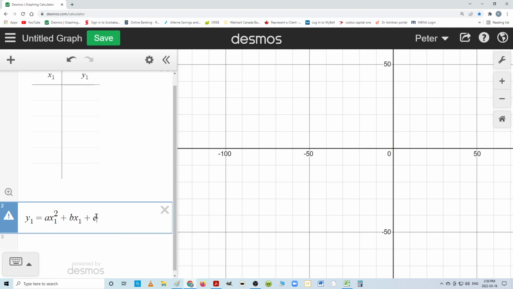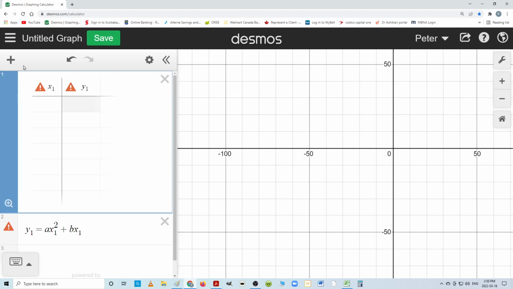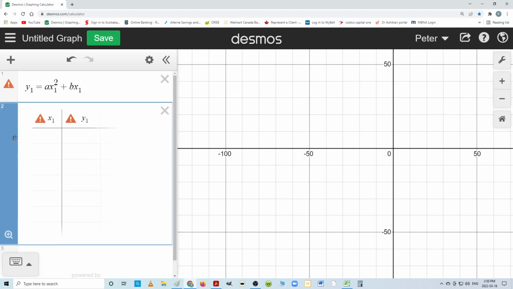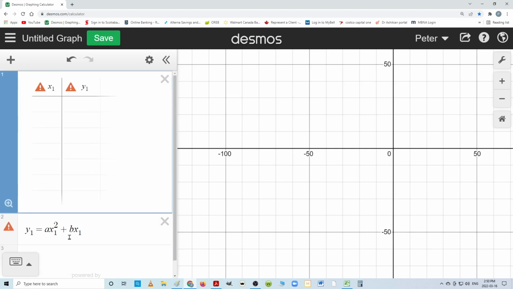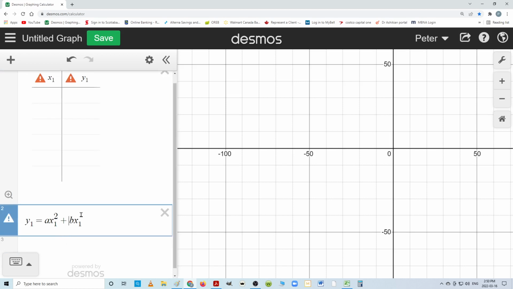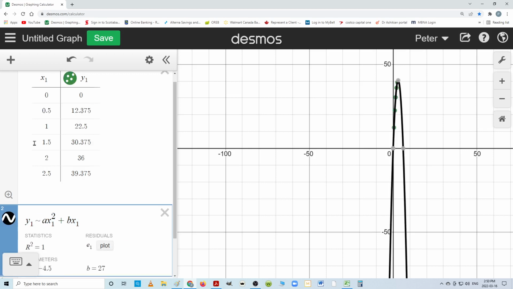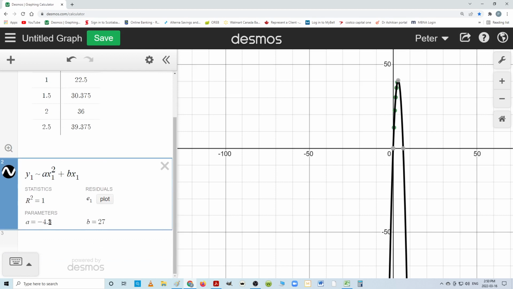And by the way, we can see from the 0 values up above that there is no c because at 0, 0 goes through. So let's see, will it? Oh, I know why. I've got to put a little thing here. It's the shift, it's the tilde. And now it's going to tell me roughly what it feels A is and what it feels B is.